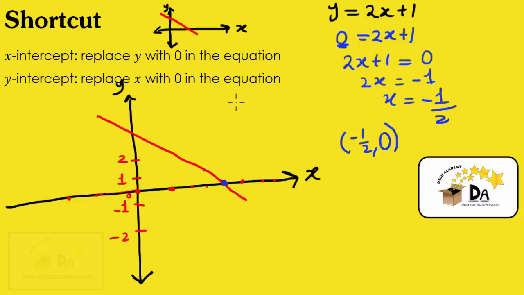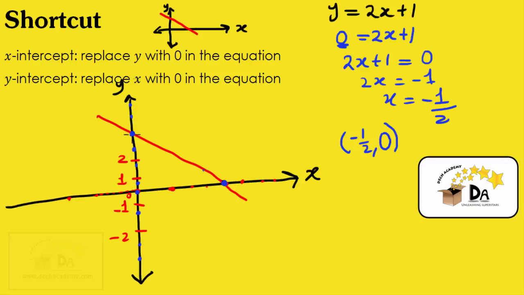As for the y-intercept, to determine the y-intercept, you have to replace x with 0 in the equation. Why? Because let's look at this graph here. The y-intercept is here. And we know that every point that lies on the y-axis has an x-coordinate of 0.